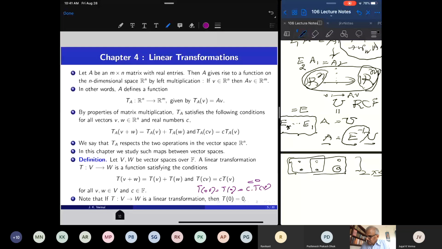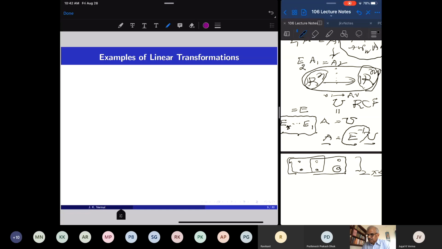Since c is 0, it is also 0. So the 0 vector is mapped to the 0 vector by any linear transformation between any two vector spaces. The identity of addition maps to the identity of addition in W.